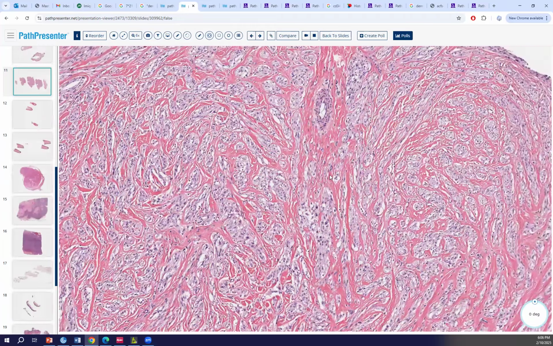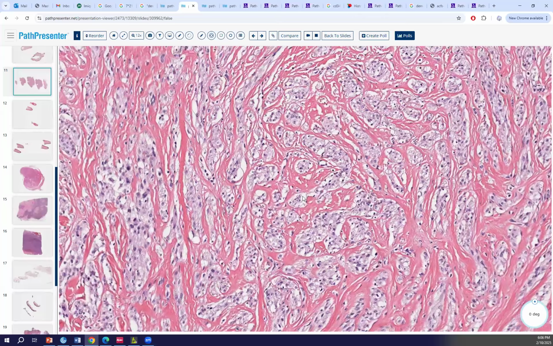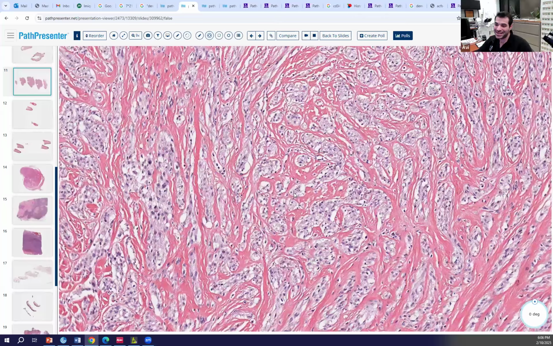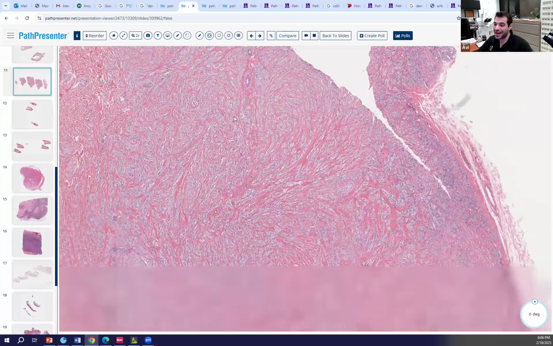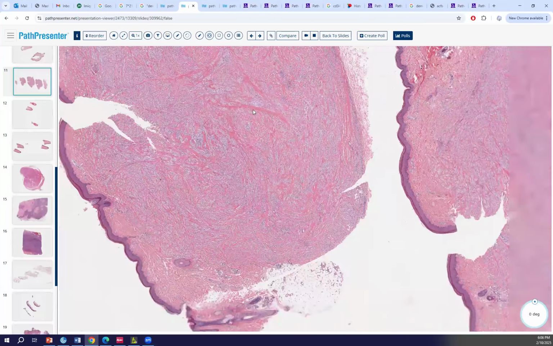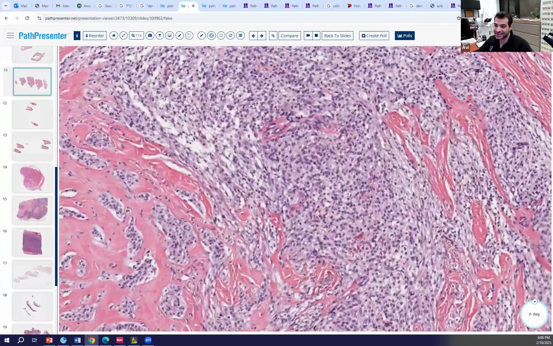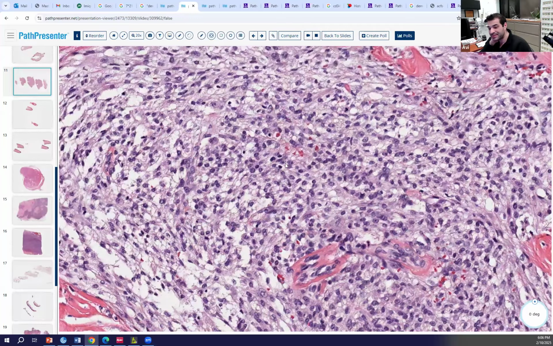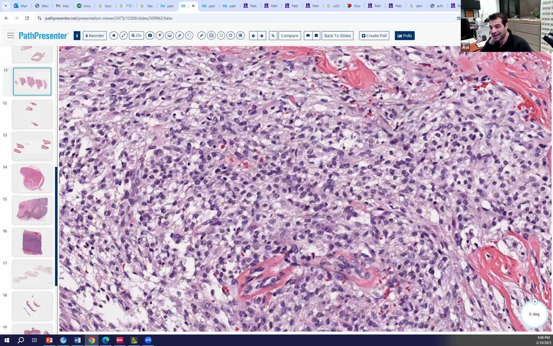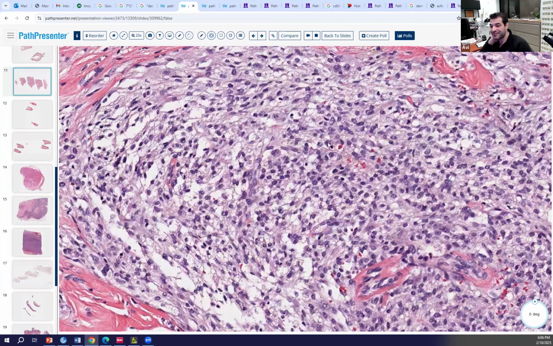Probably cellular. So you have these epithelioid cells and they should not have a capsule, and they don't, and they're indistinct. Sometimes you can get some multinucleate giant cells that's been described in here, although I don't see any right now. They're indistinct from each other.